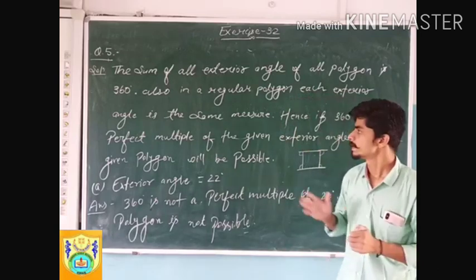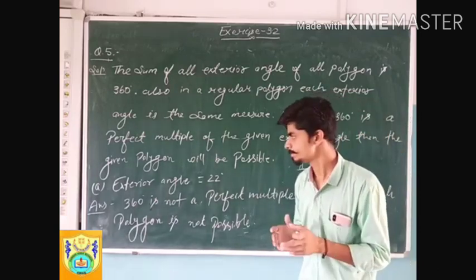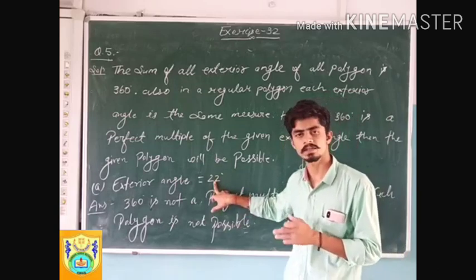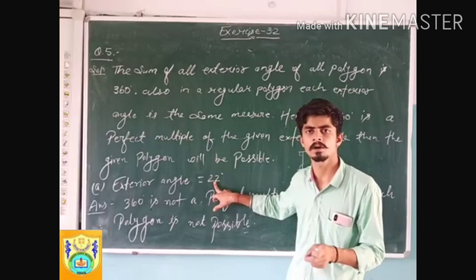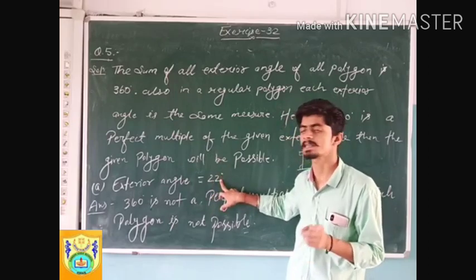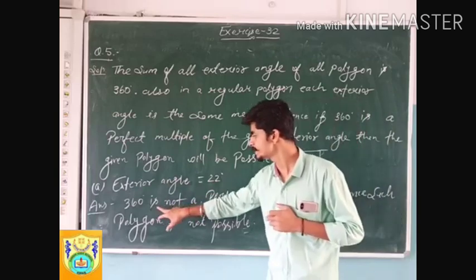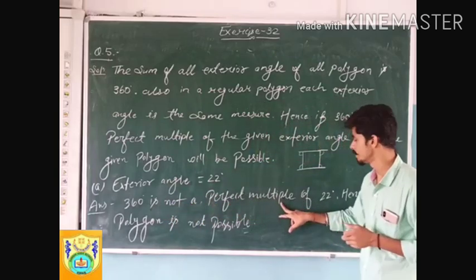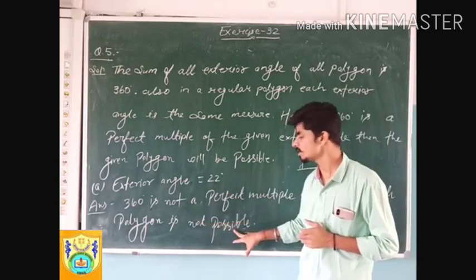So in this question we have a 22 degree exterior angle. We have to tell whether it is possible to have a polygon with a 22 degree exterior angle. Because 360 degrees is not a perfect multiple of 22 degrees, such a polygon is not possible.